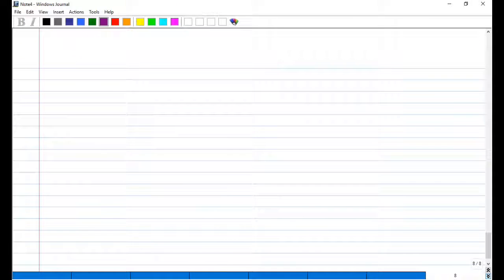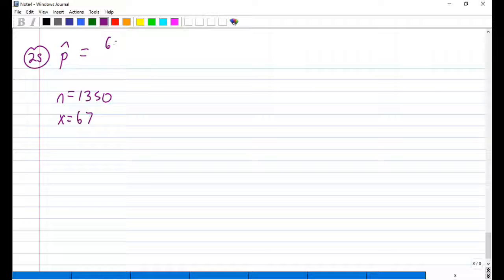Okay. All right, so we're trying to figure out, this is number 25. We were given that n was equal to 1,350, and the number of defective floppy disks was 67. So our proportion is going to be 67 over 1,350.